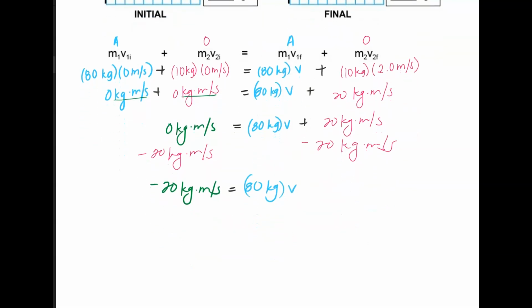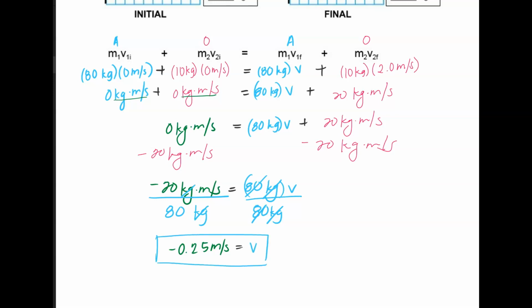We're trying to get velocity by itself, so we're going to divide by 80 kilograms. That cancels out the kilograms, and negative 20 over 80 is going to be negative 0.25 meters per second is equal to our velocity.